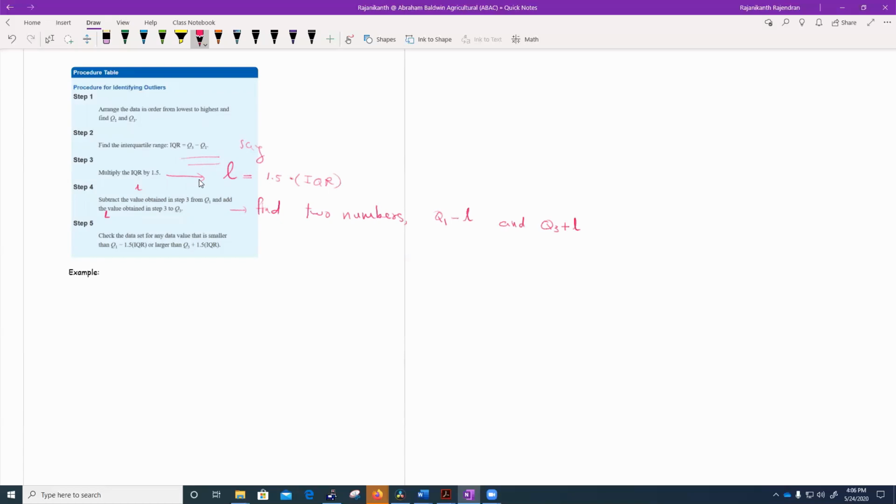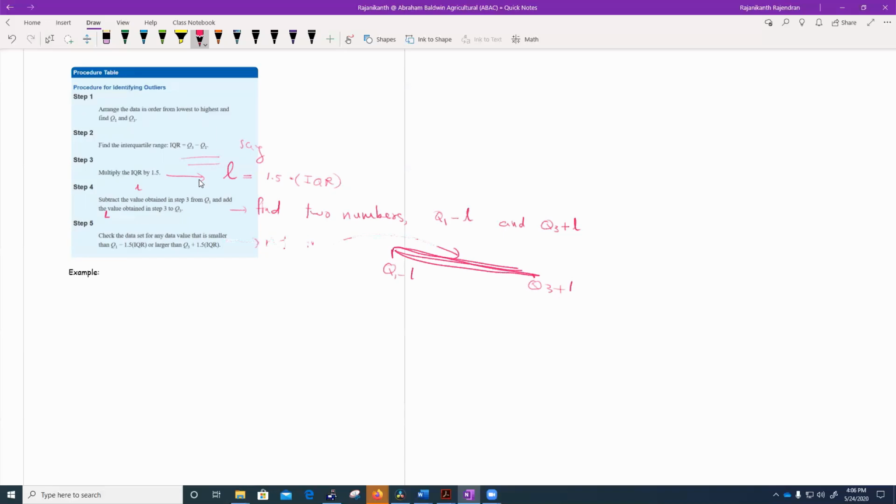Now check your data set and check whether there is any data value which is smaller than Q1 minus L or larger than Q3 plus L. In other words, look for any data values which are not in the range from Q1 minus L to Q3 plus L. If you find any data value or values which are not in this range, those values are going to be outliers.